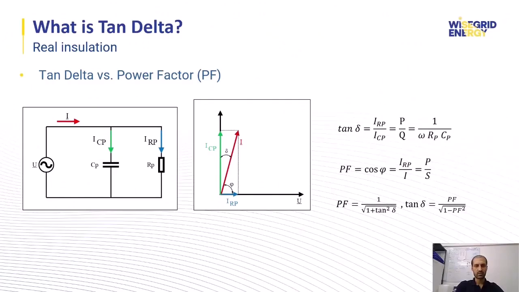In many American standards and practices, power factor is used instead of tan delta, and we can convert the power factor to DF by these equations. But for tan delta values up to 10%, it's not necessary to convert these values, and you can use PF instead of DF or vice versa.